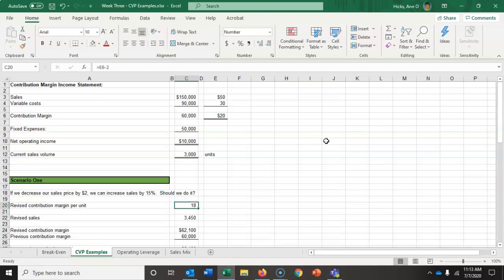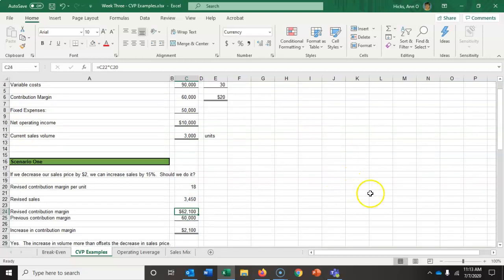So with the lower price, they're saying we can actually increase our sales by 15%. So 3,000 units increased 15% would wind up with sales of 3,450 units. So what's our new contribution margin going to be? Well, that will be $18 at 3,450 units, or $62,100.